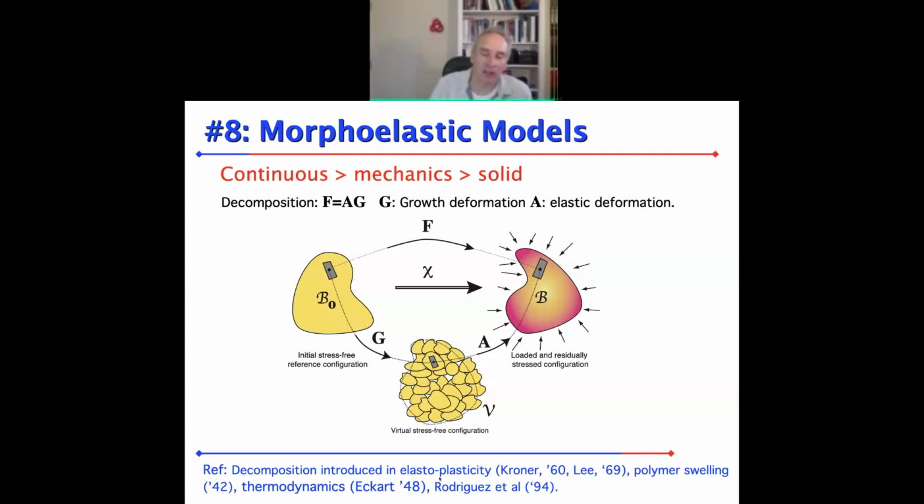Any form of elasticity that has a non-elastic component can be written as this type of decomposition, thinking of a change of reference configuration followed by elasticity, including fluid mechanics, viscoelasticity, any type of anelasticity. Any of these phenomena can be written within this framework. But we're mostly interested here in morphoelasticity.